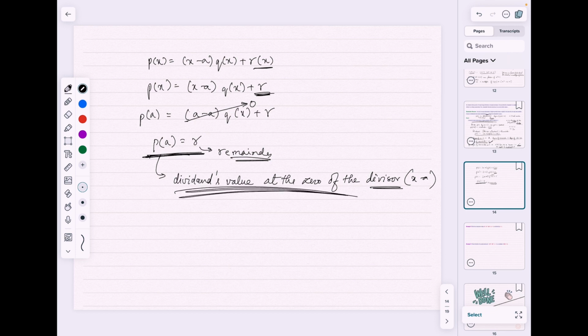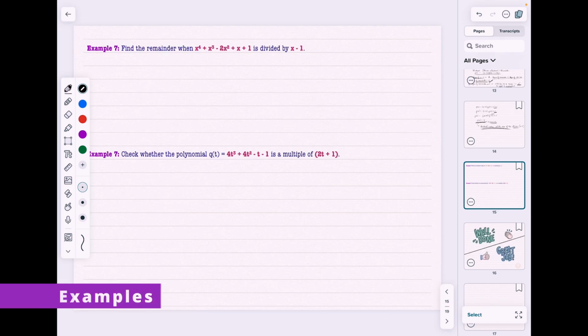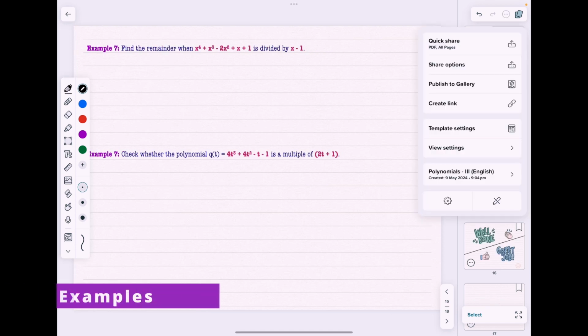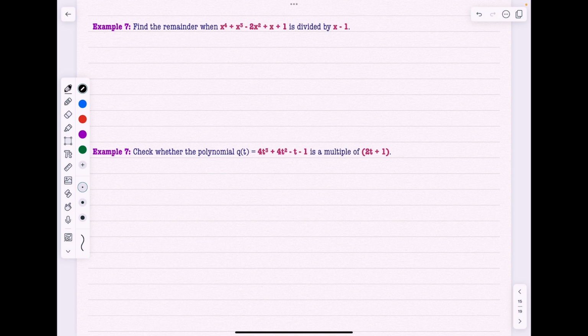Got it? Now we'll solve these two questions and we will end this chapter. It has told me to find the remainder of this polynomial. I am writing P of x equals x to the power 4 plus x cube minus 2x square plus x plus 1, and q of x equals x minus 1.